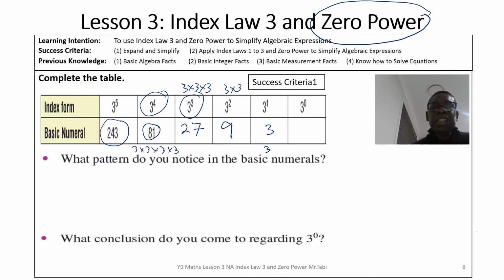It says, what pattern do you see in the base numerals?